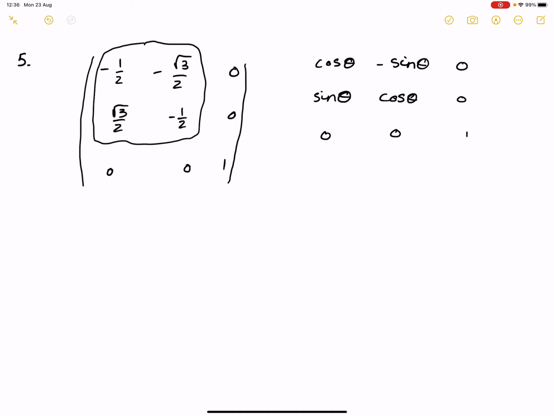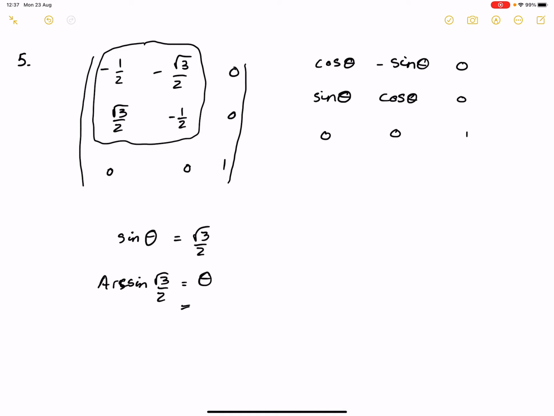So sine theta equals root 3 over 2. So therefore arc sine of root 3 over 2 is equal to theta, which will be equal to, calculators out, 60 degrees.